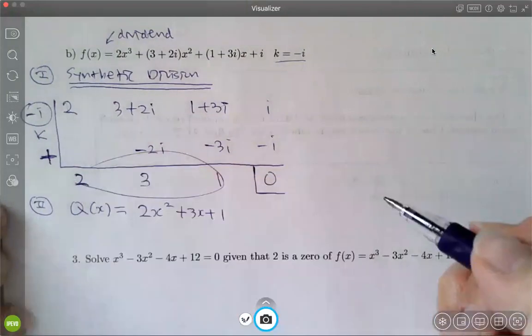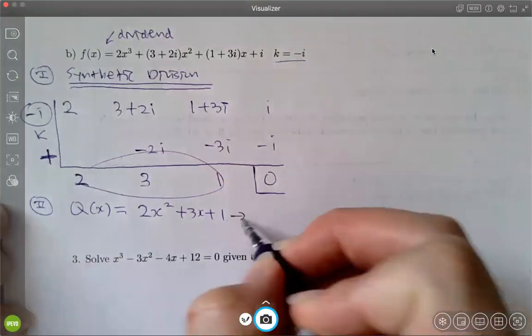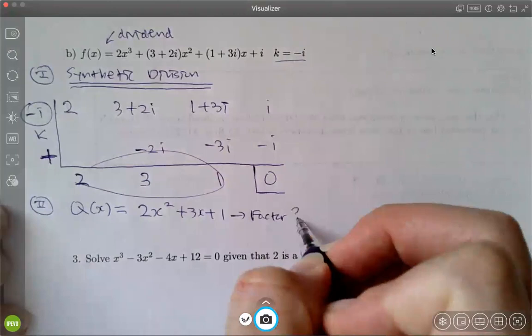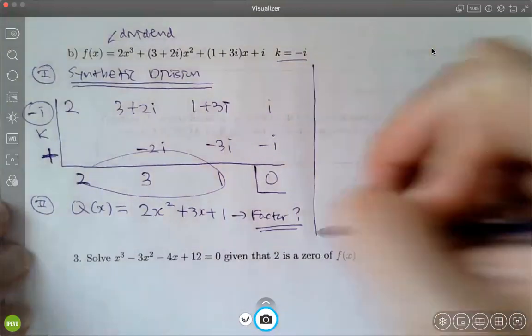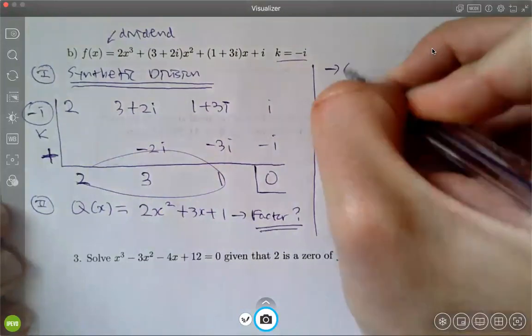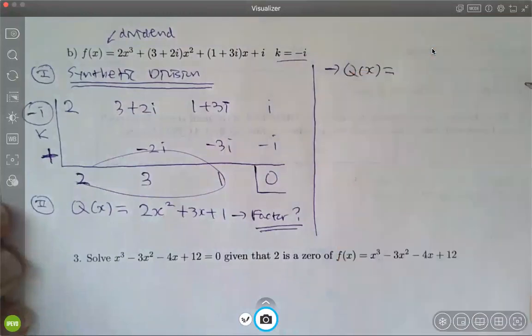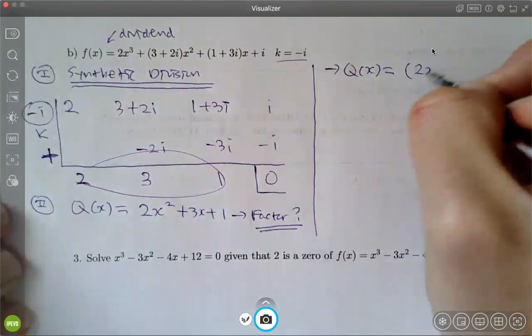Again, this is a quadratic expression, so you always have to ask yourself, can I factor this? And this is pretty easy to factor compared to the previous one. You can verify this, but q of x is equal to 2x plus 1 times x plus 1.